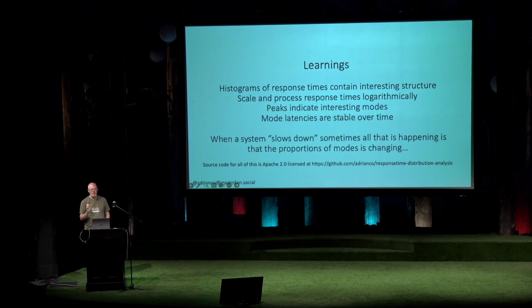It's a much more tractable sort of value to work with. I think the peaks are interesting, and what I've seen from a number of different systems is that the modes' latencies tend to be stable, and a lot of the variations we see in response time distribution are the probability of each mode changing rather than the position of the mode.